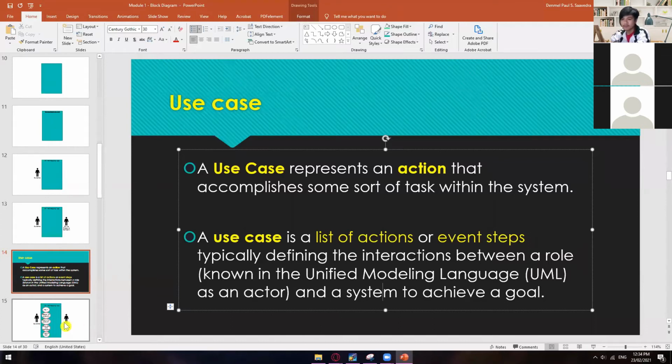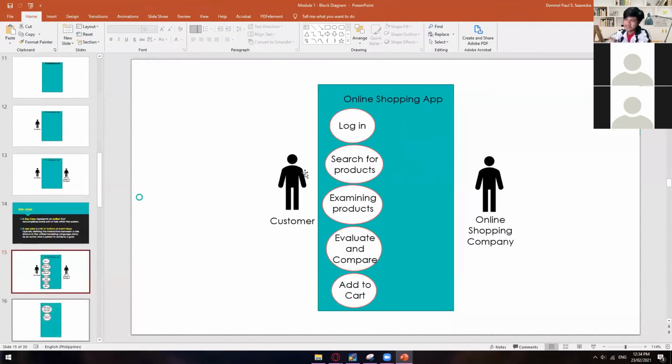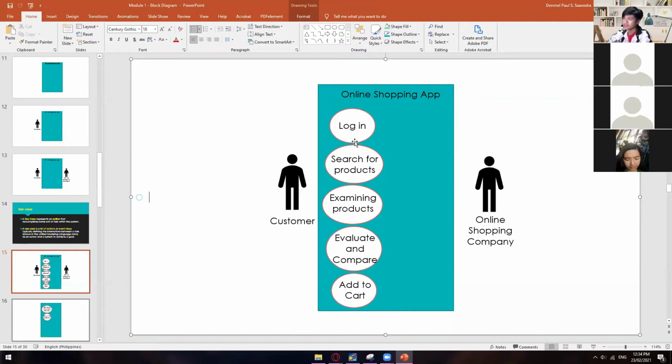So this is the counterpart of the thing so-called input, which is the actor in UML. Let's just say that these are now the specific or basic functions that we can have in an online shopping app. So we have here the login. Of course, you have to log in first, and you need to have an account. And then, after having an account, you can search for products. Once you have looked into a specific product, that's the time that you can examine the product.